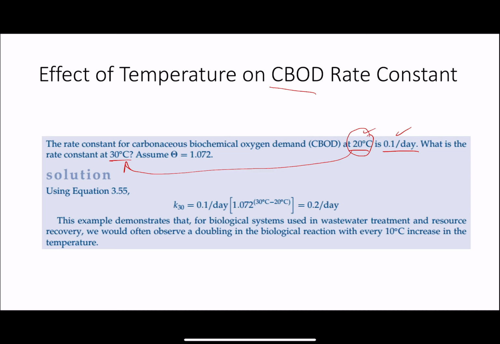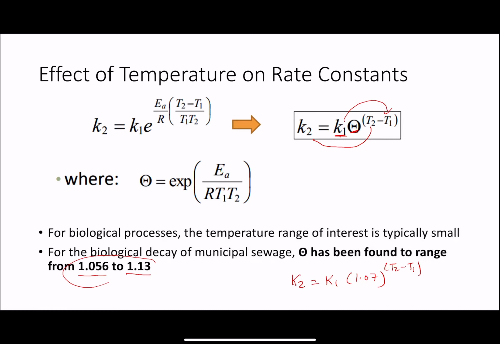What do you expect? Heating, when you heat up the reaction, you will increase the rate. So he's saying here to assume theta is 1.072. At that time, I assumed 1.07, but you could do 1.072. That's an assumption, because most of the time it goes from 1.056 to 1.13.